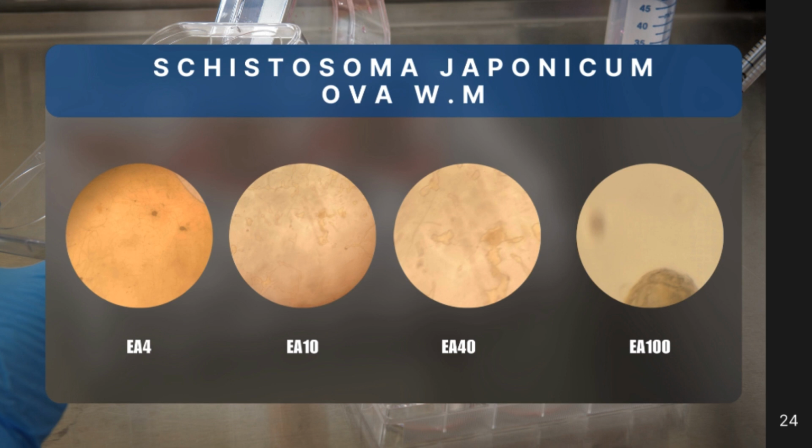WM stands for whole mount, indicating that the specimen has been prepared for microscopic examination by mounting it intact on a slide. Therefore, this refers to a slide containing a whole mount specimen of the eggs of Schistosoma japonicum for microscopic study.